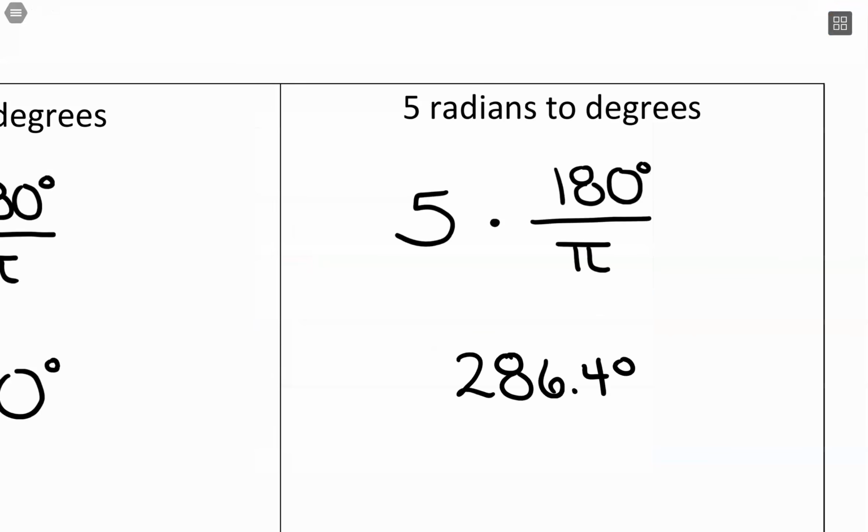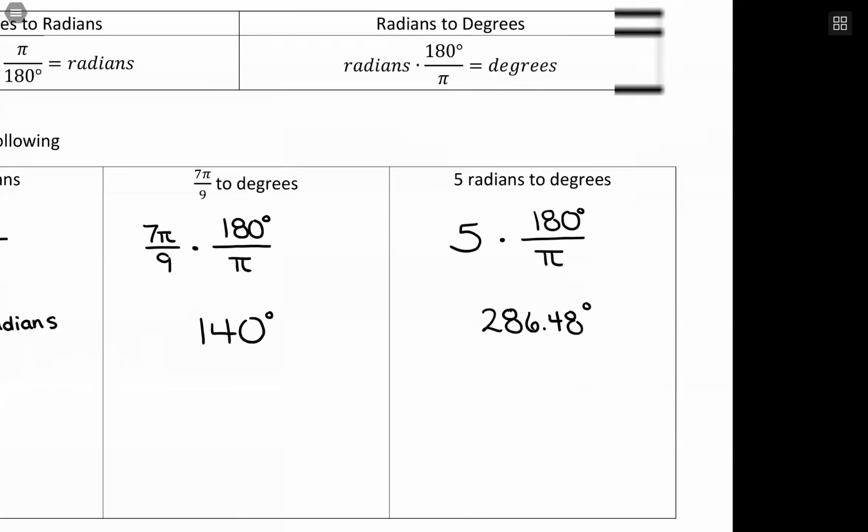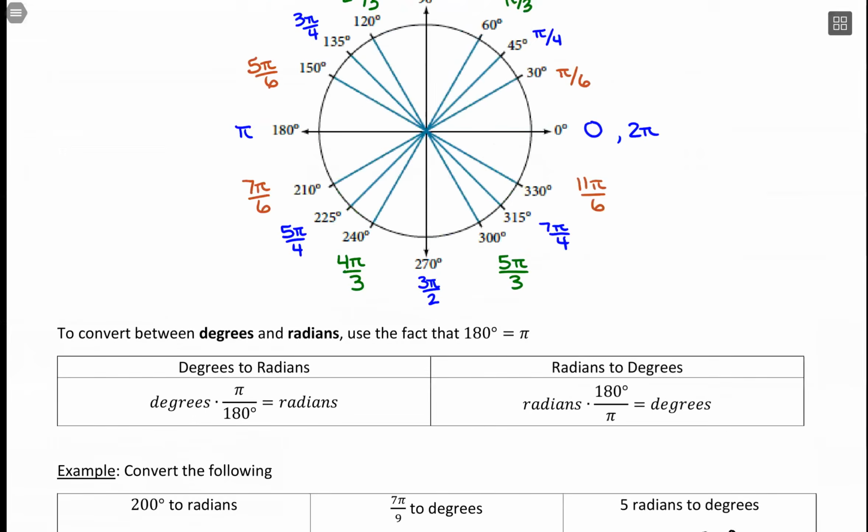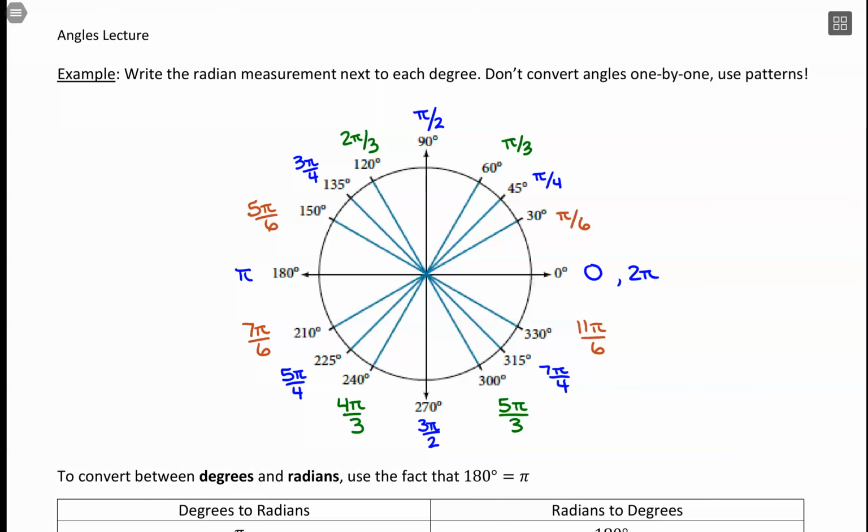And then I just need to include my units, which we converted to degrees. So there's our actual conversion to moving between the two measurement systems. Also, we'll have these key ones that we refer to based on how we divide up our circle.